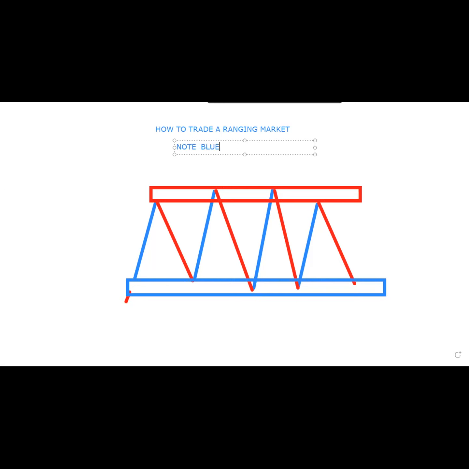One, buy at the support of the range, and sell at the resistance of the range.